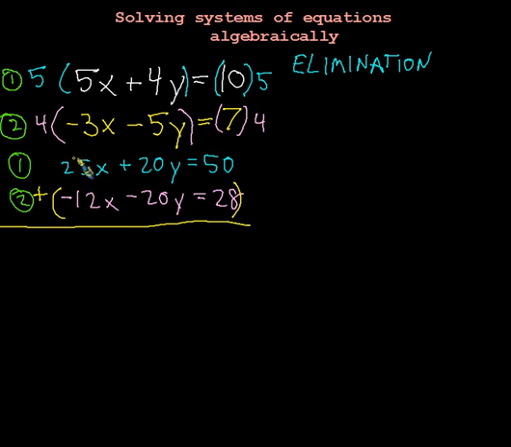So we're going to add 25x and negative 12x, and when we do, we end up getting negative 13x. And when we add 20y plus negative 20y, again, remember we're adding, not subtracting, even though it looks like 20y minus 20y, we get 0.